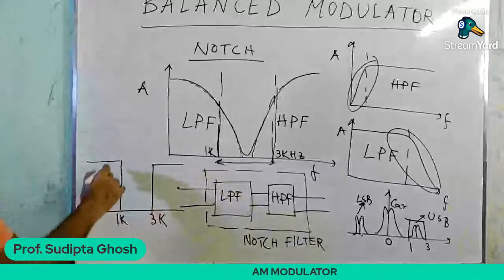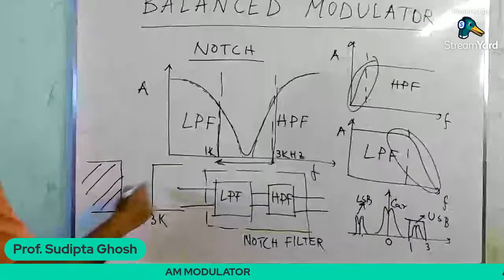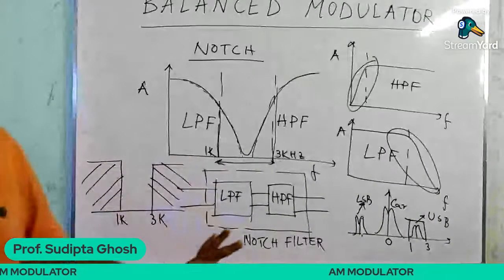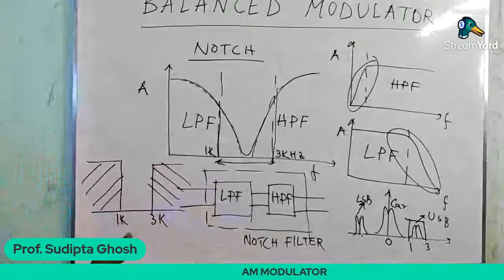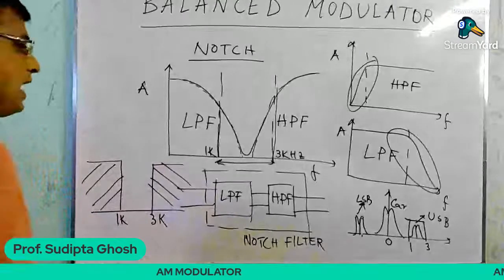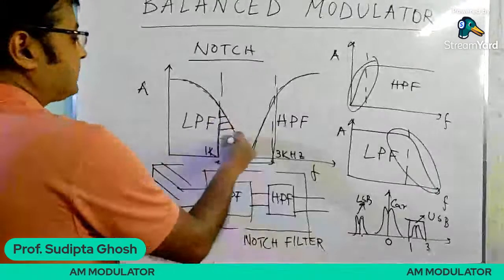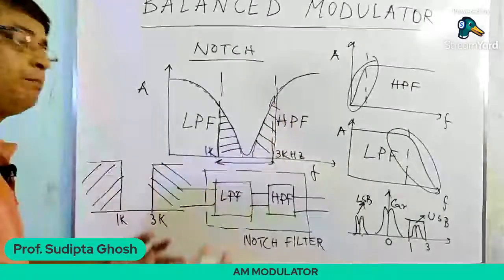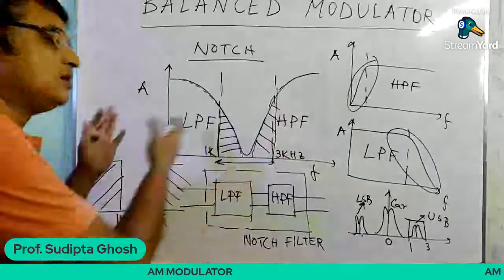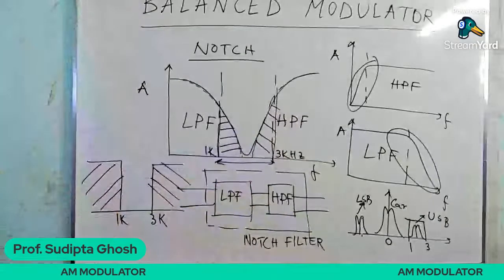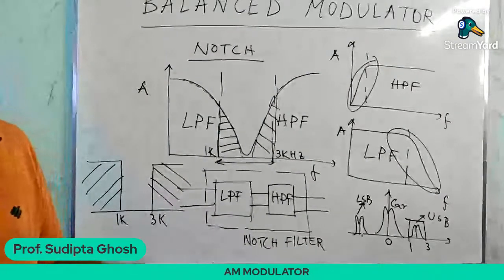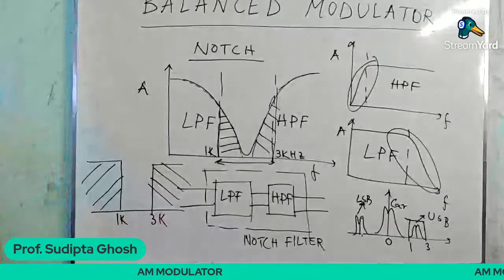So that means this part and beyond 3 kilohertz, other signals would be attenuated or removed. But you find that some of the signals from beyond 3 kilohertz and below 1 kilohertz, you actually receive those parts of the frequency spectrum.